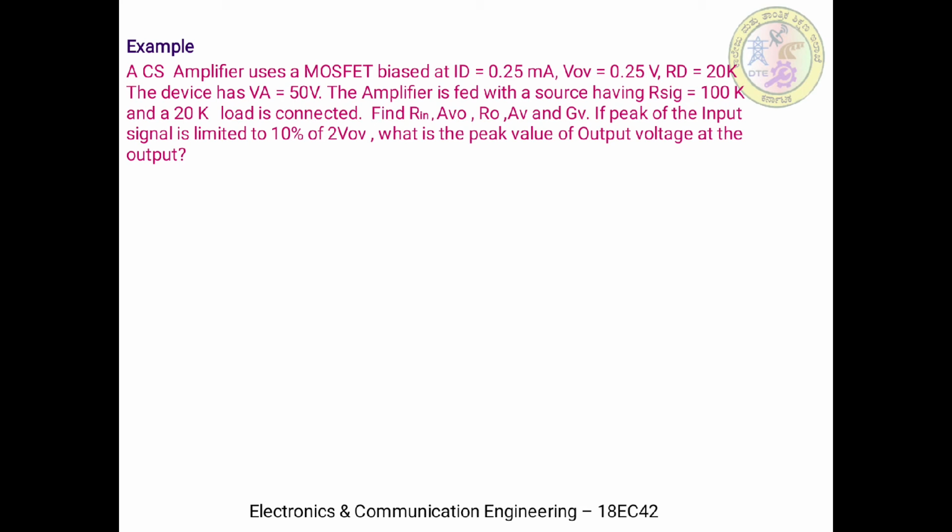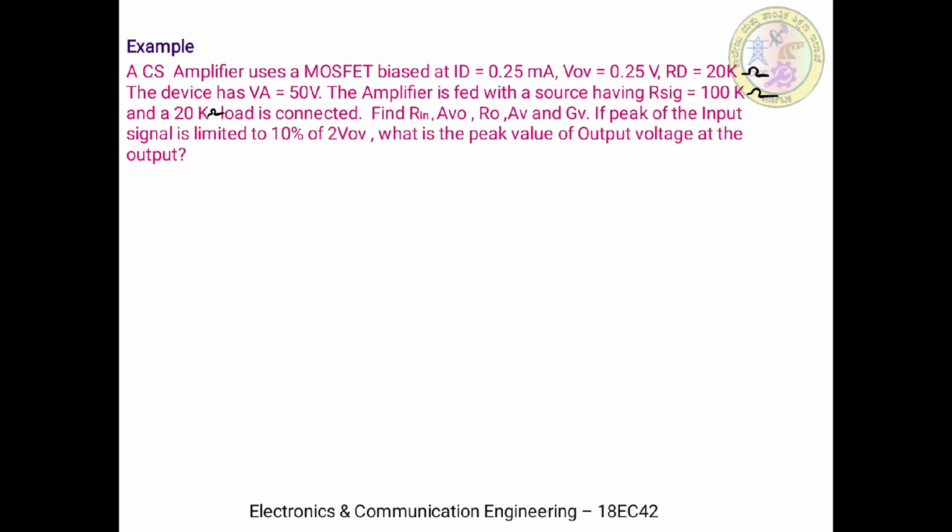It is given that a common source amplifier uses a MOSFET which is biased at a drain current of 0.25 milliamperes, and overdrive voltage is 0.25 volts, and the drain resistance RD is 20 kilo ohm, and the device has early voltage VA equal to 50 volts, and also the amplifier is fed with a source having Rsig equal to 100 kilo ohms, and a 20 kilo ohm load resistor is also connected.